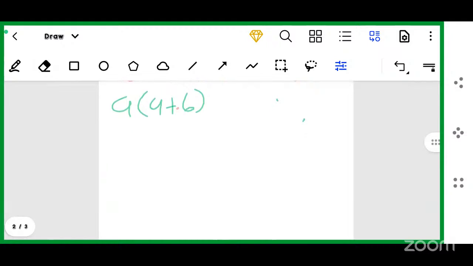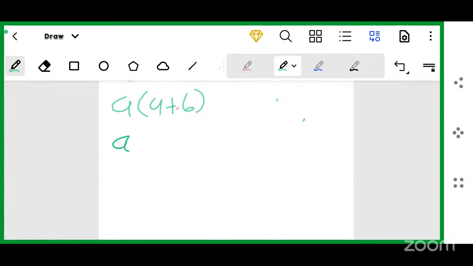Ma'am, a times a. Is it the power 2? A squared. Perfect. It's a to the power of 2 plus what is a times 6? 6a, ma'am. 6a.